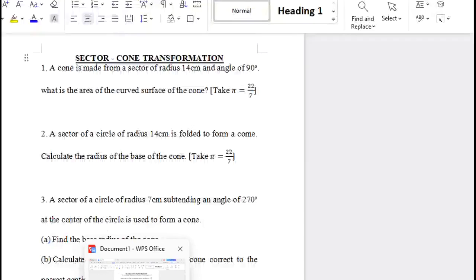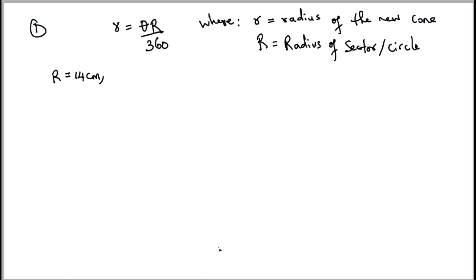And what's next? An angle of 90 degrees, that is the angle of the sector. Theta is equal to 90 degrees.